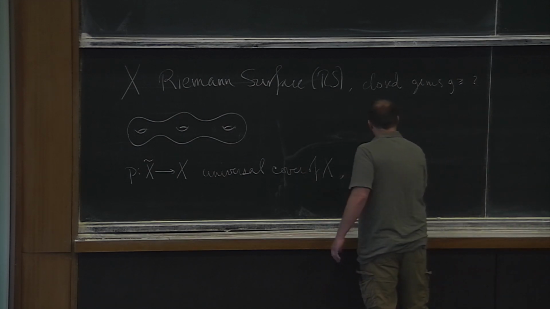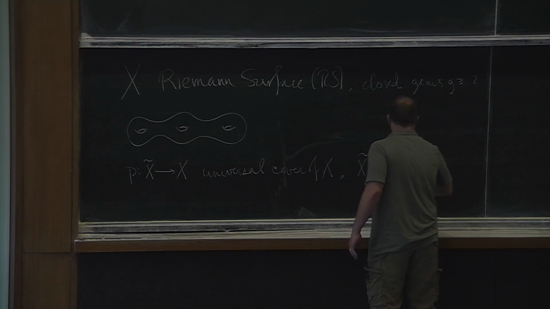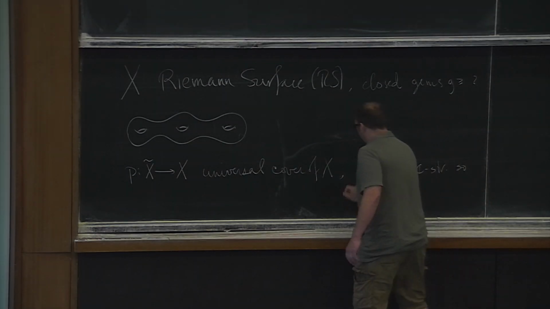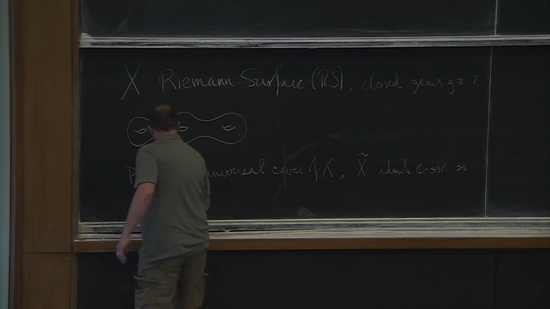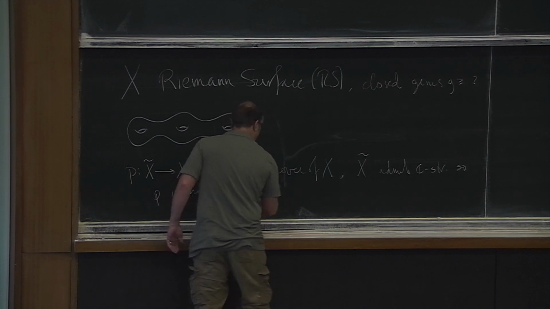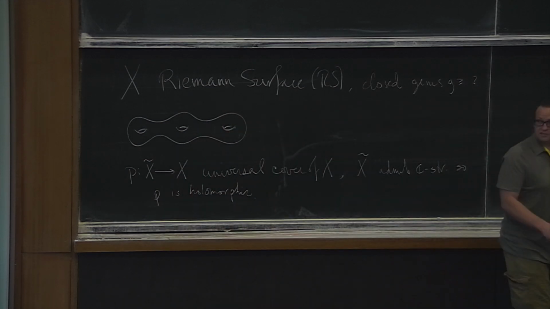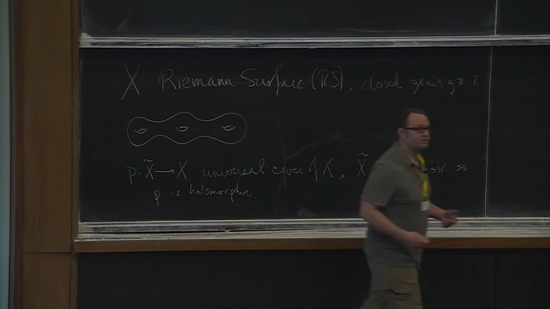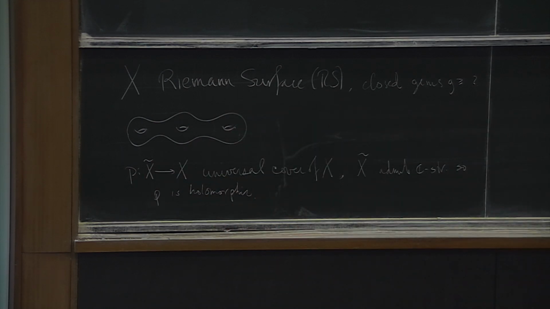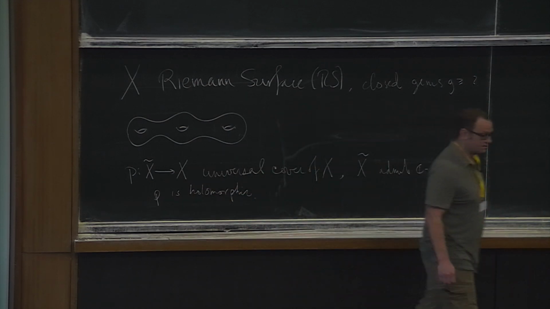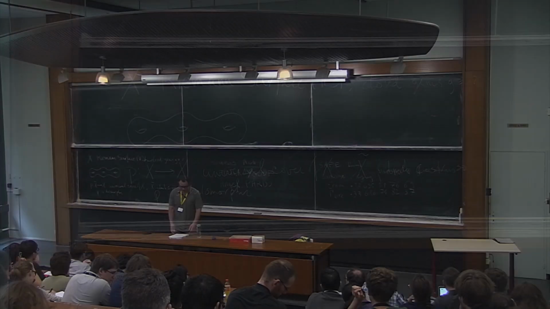So X tilde admits a complex structure so that p is holomorphic. Right, so how does that work? Well, you just take your charts on X. This is a local homeomorphism in particular, so you can compose with that local homeomorphism that gives you charts on X tilde, and the transition functions are the same as the transition functions on X.